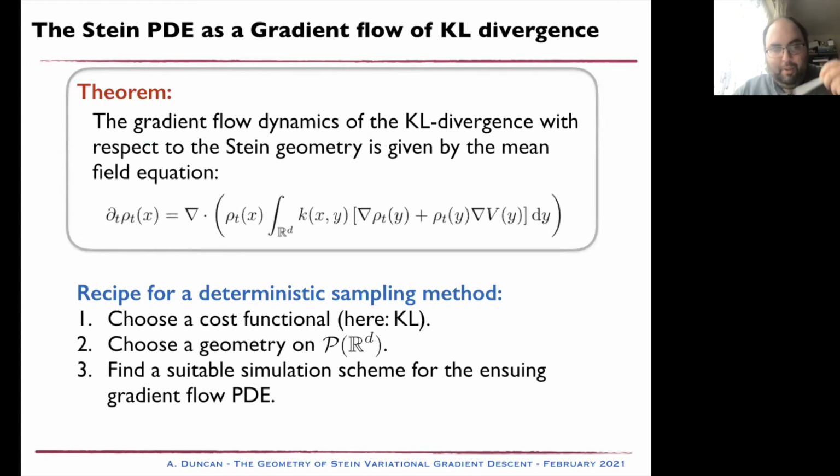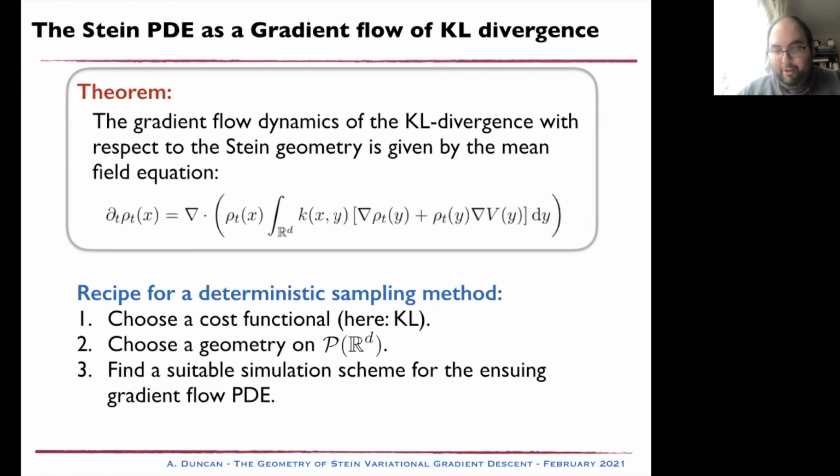Once you plug in the terms, you can actually show that the gradient flow of the KL divergence with respect to this geometry is given by this equation here, but this was actually just the mean field equation that we had started from. So we basically established that that's the gradient flow with respect to this geometry.